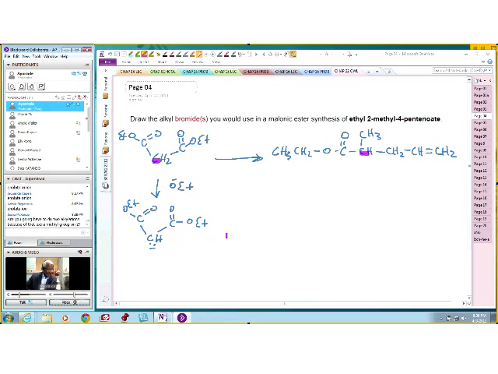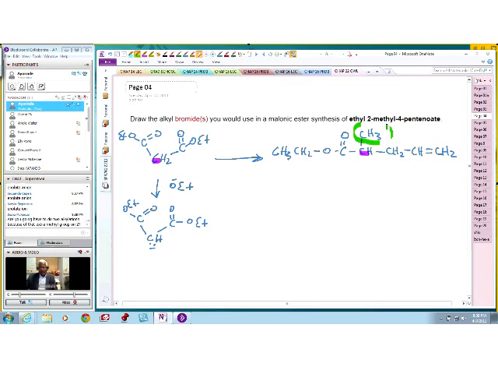Are you going to have to do 2 alkylations because of the extra? Yes, that is correct. You have to do 2 alkylations. That is correct. So the question that Elisha is asking is, do we need to do 2 alkylations? You need to do 2 alkylations. So the first part is this here.